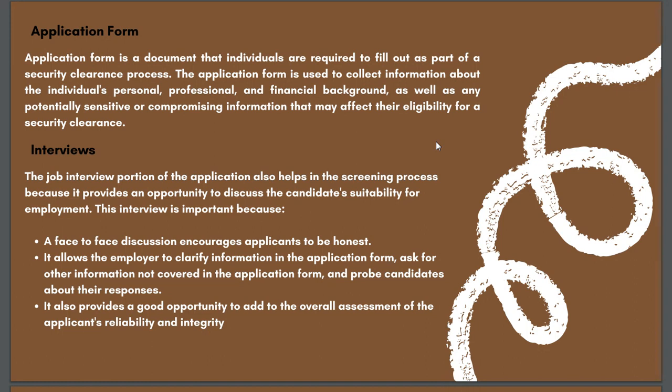So, the interviews. The job interview portion of the application also helps in the screening process because it provides an opportunity to discuss the candidate's suitability for employment. This interview is important because a face-to-face discussion encourages the applicants to be honest. The face-to-face discussion can help to build trust and rapport between the interviewer and the candidate, which can further encourage the candidate to be honest.